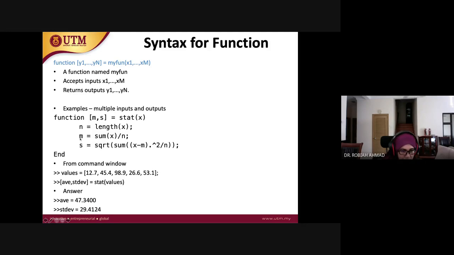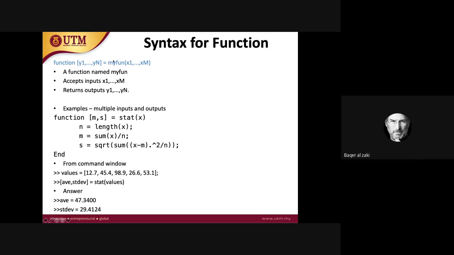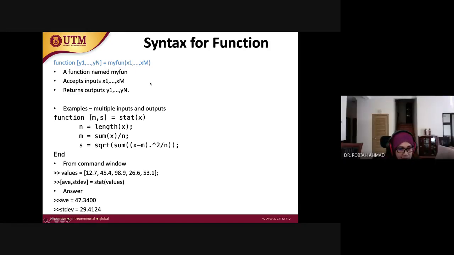So at the end, we should have values of this one. Okay, these are the outputs that will be displayed in our command window. And then equal, this is the name of our function that we're going to build. And the right hand sides are all the inputs.